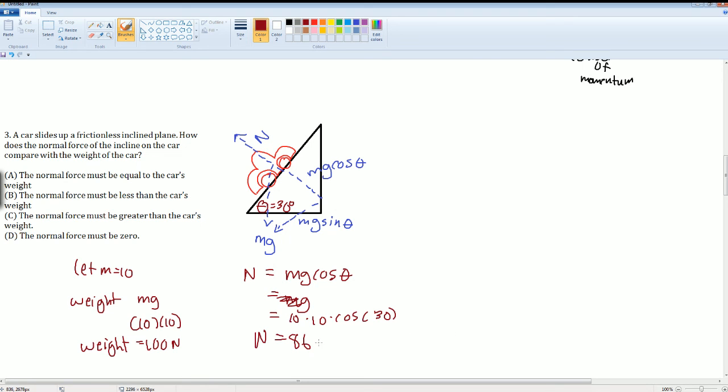So the normal force is less than the car's weight. Done. You could throw in any other value here and it's still true.